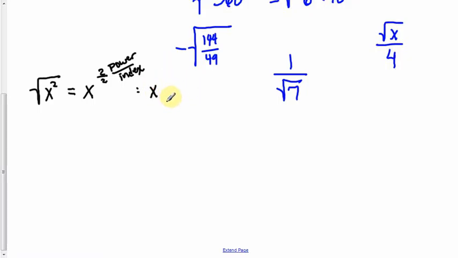Now, the directions say assume that x and y represent positive real numbers. So in this case, when those directions are tagged on there, you don't have to worry about absolute value signs. Okay? Which we also discussed the other night. Okay, what about the square root of x to the fourth?